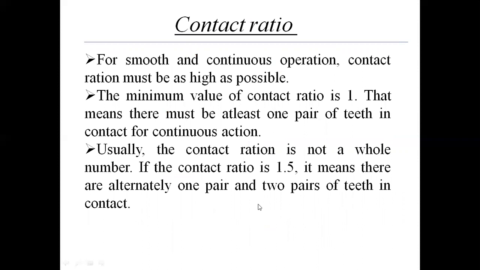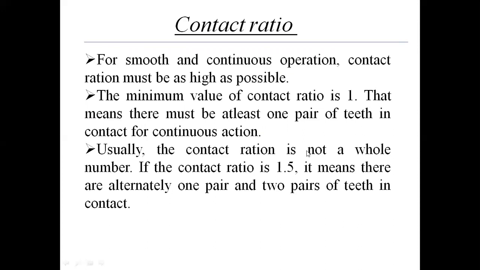Now remember some points regarding contact ratio. For smooth and continuous operation, the contact ratio must be as high as possible. The minimum value of contact ratio is 1, unity. That means there must be at least one pair of teeth in contact for continuous rotation of gears.